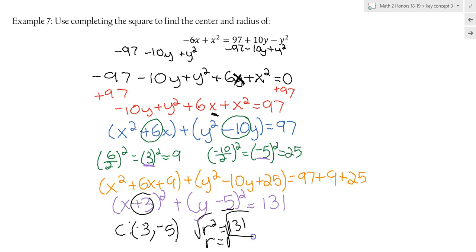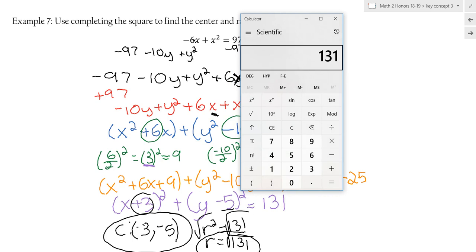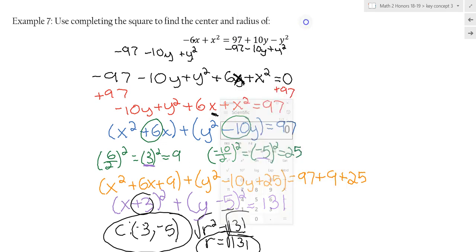I don't believe 131 has any nice perfect squares in it. I don't believe it has any factors. So we're just going to leave it as the square root of 131, not write it as a decimal. Okay, and that is it for this video. Thank you. See you.